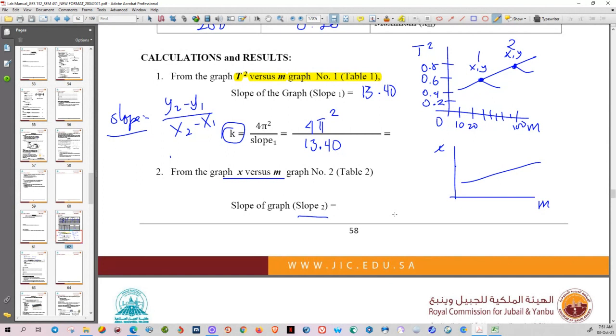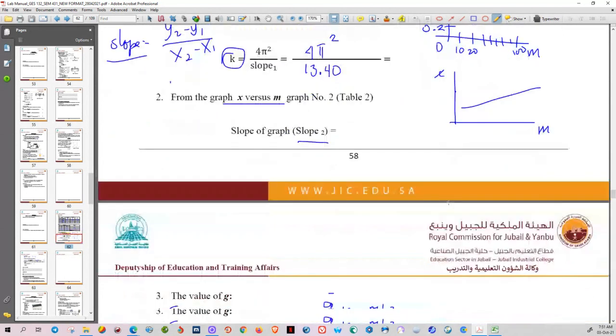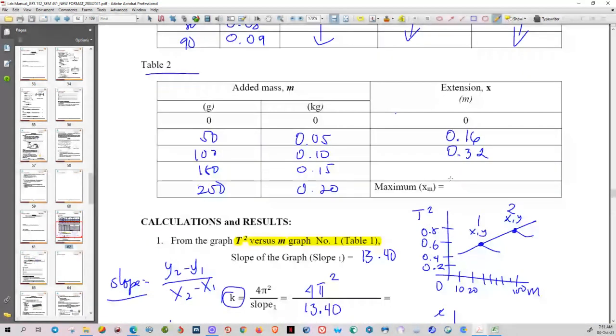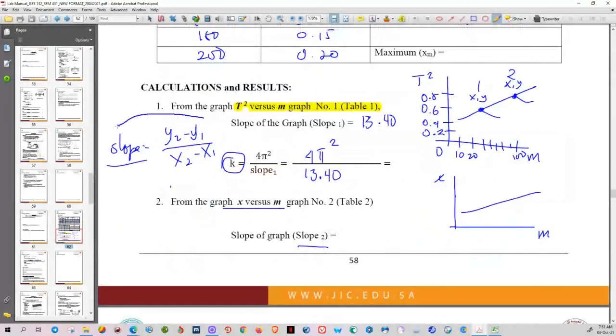Shabab, questions? Yes, doctor. Slope 2. How can we get it? Slope number 2? Same thing. You have to graph table number 2. This is the y-axis and this is the x-axis. Once you graph it, the equation for the slope is the same as this equation. Table 1 and table 2, the same equation for slope.